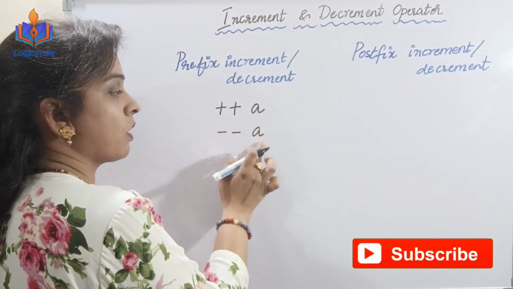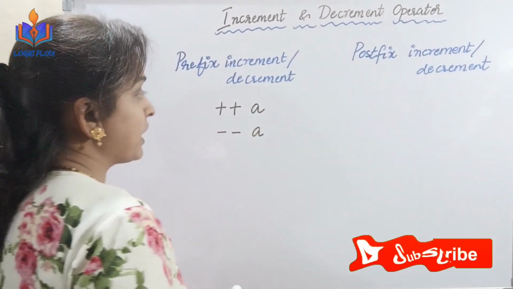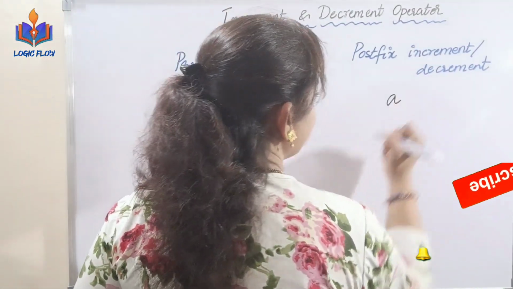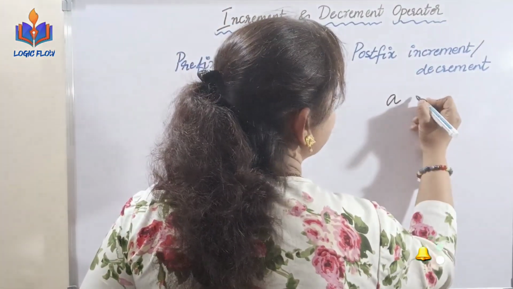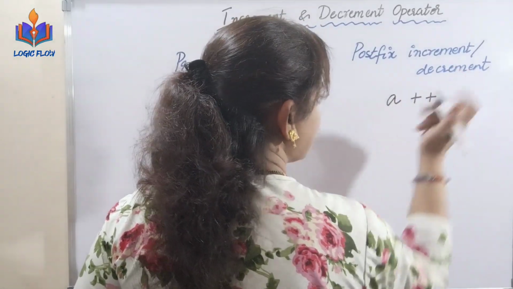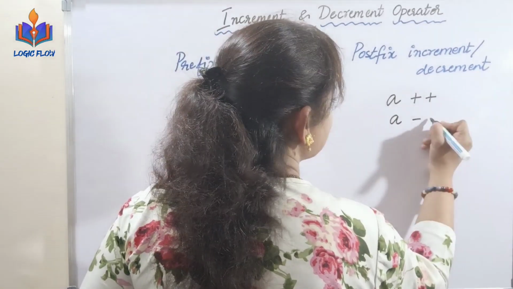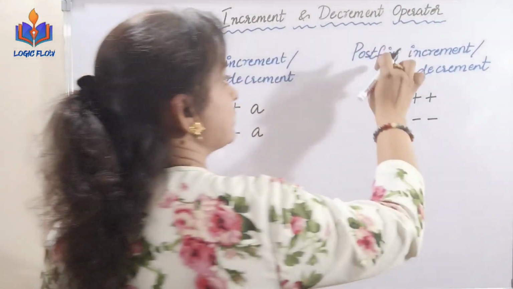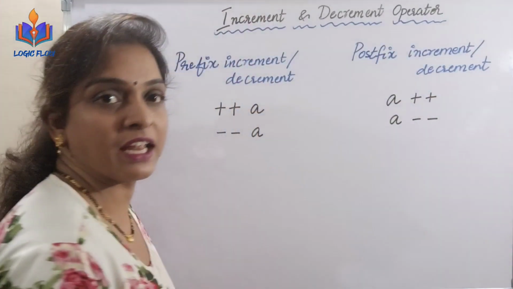Operator first, operand next. Whereas in postfix, we have the operand first, then the operator. We say a plus plus, or with decrement, a minus minus. So in pre, the operator comes first, whereas in post, the operator comes next.